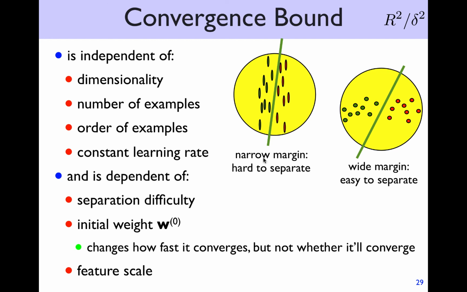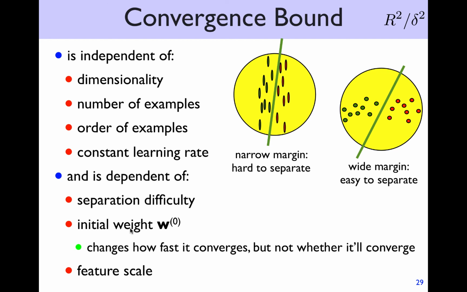Okay, so this case is a narrow margin, very small delta, so it's hard to separate. You would probably spend longer time training on this data set, versus if it's widely separated, with a wider margin, considerably easier to separate, and you likely will spend less time training on this data set, right? So that's also modeled by this r squared over delta squared.